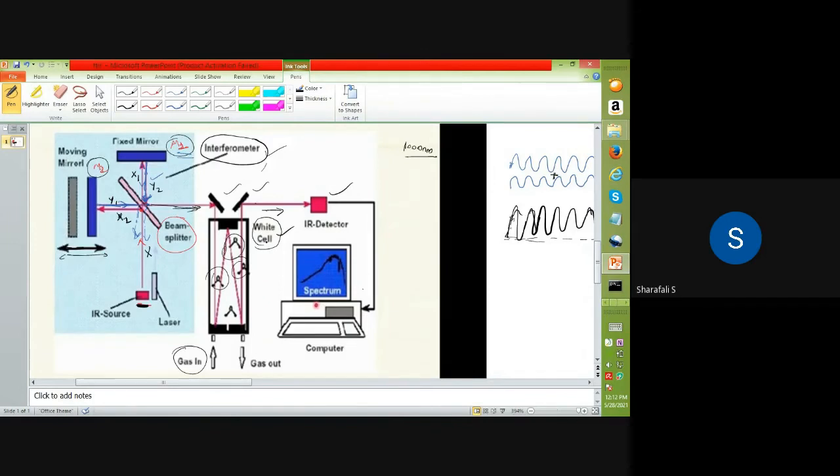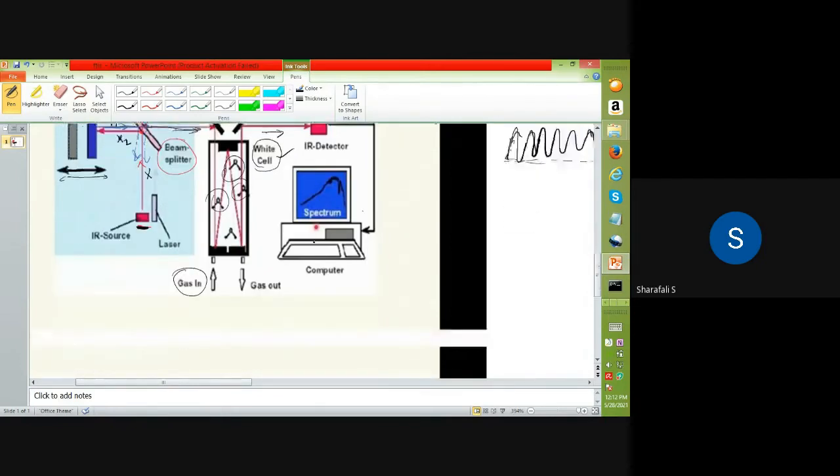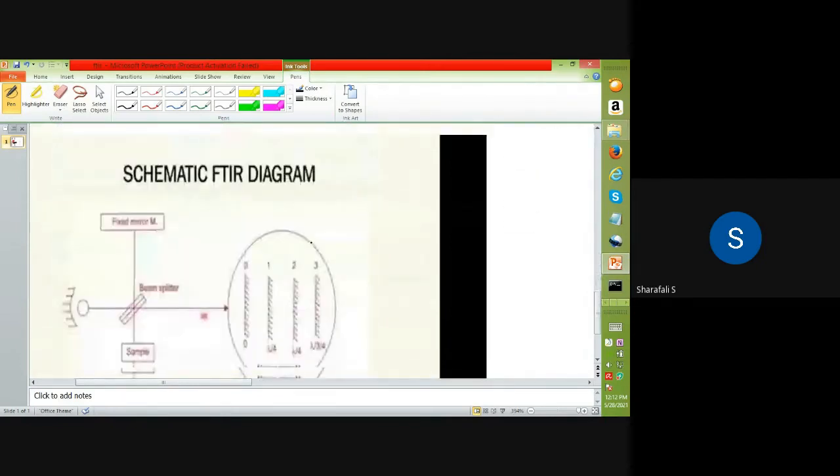So these are the basic components of the FTIR spectrometer.